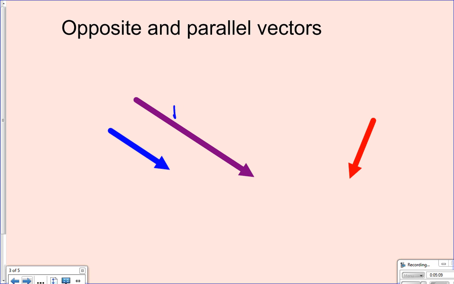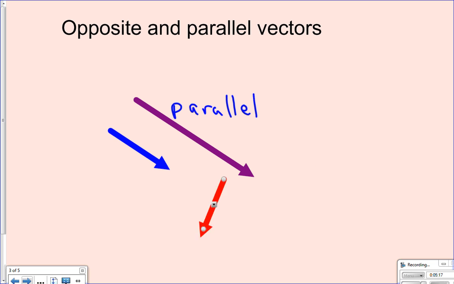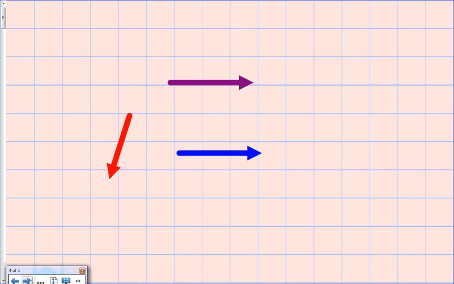So this is going to be a parallel vector, and I'm going to make this one an opposite vector. It's pointing the opposite direction, but you probably kind of knew that anyway. Just wanted you to make sure you were familiar with those terms.